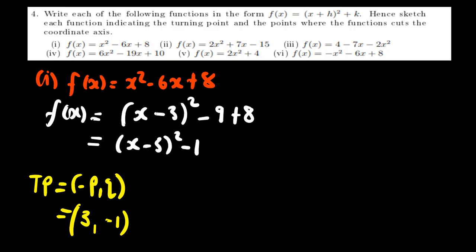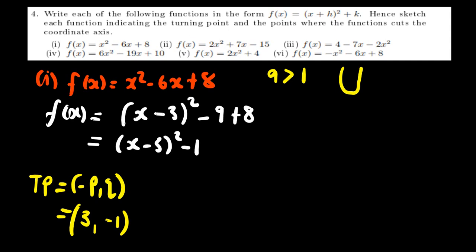Then you also have to look at the value of the coefficient of x squared here, which is greater than 1. So because your a is greater than 1, you are going to have a minimum graph, a graph that looks like that. So let's just draw that.